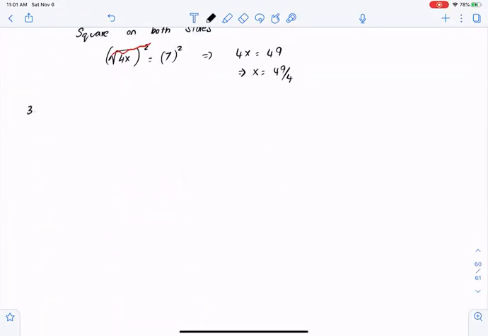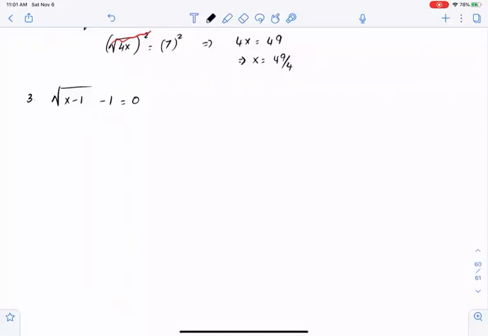Here is another example. So you may be tempted to just square on both sides and find a solution. Well, that's okay.